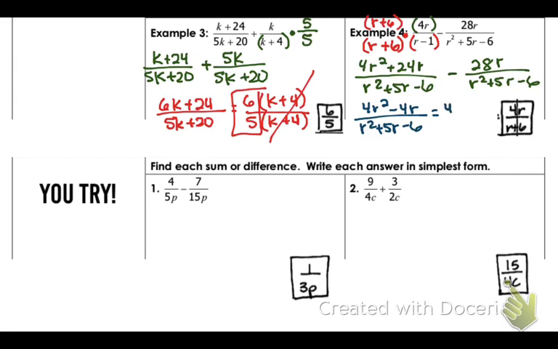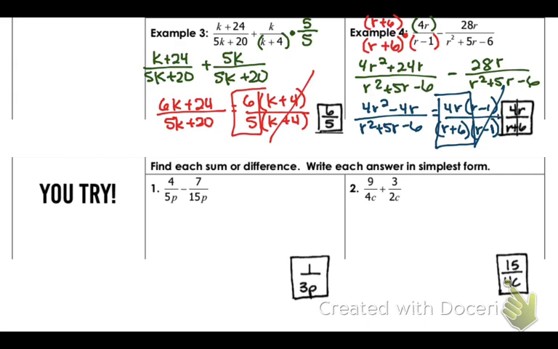I'm going to be left with 4r, r minus 1, and then at the bottom I'm going to be left with r plus 6, r minus 1. These cancel. You're left with 4r over r plus 6, which is what I had as my answer.